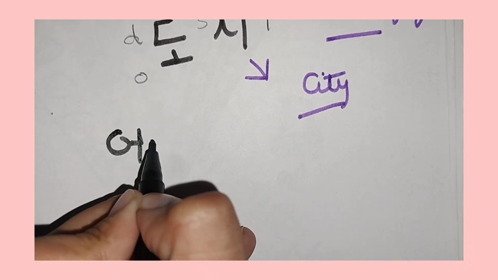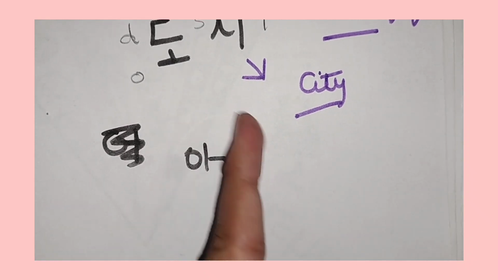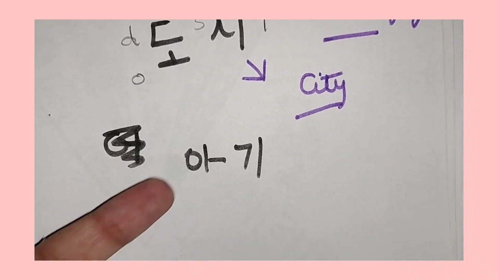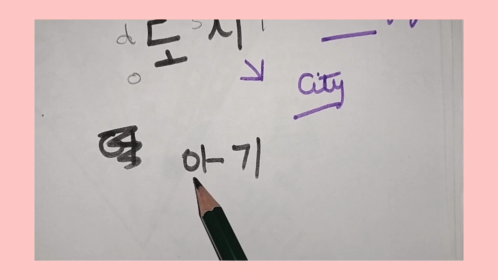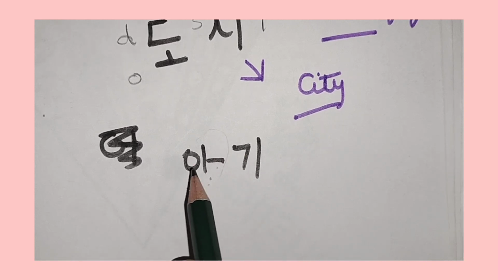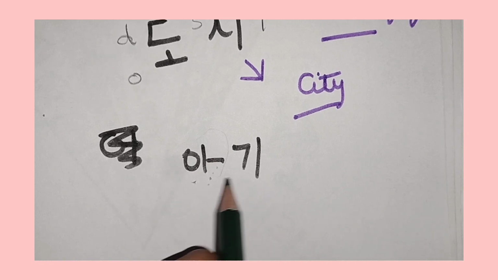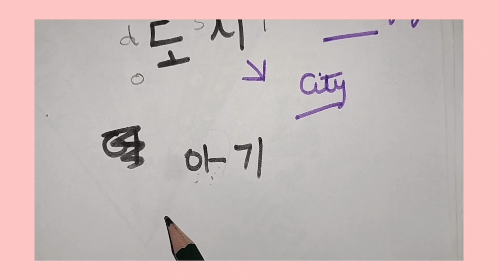As we learned, the O consonant has no sound. We read it as the vowel that's placed after it. Like we have A next, so we'll pronounce this one as A too.